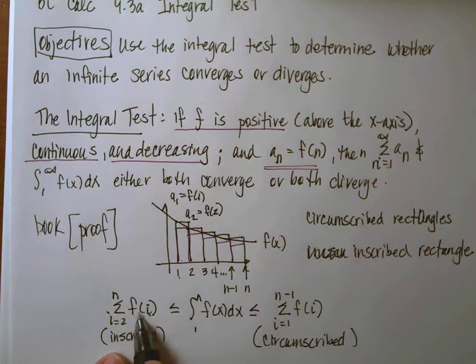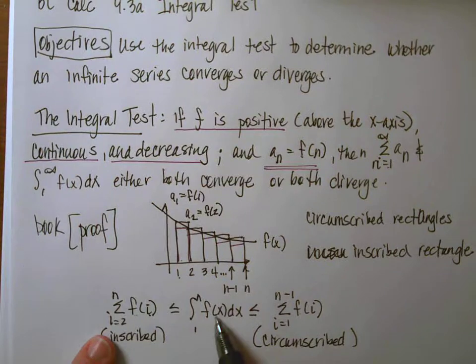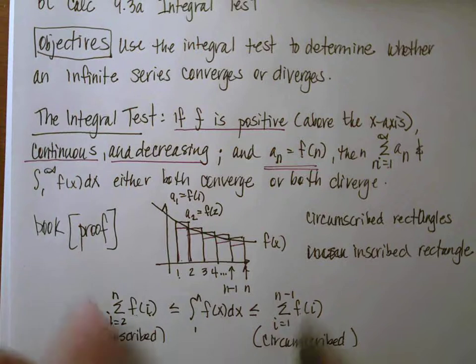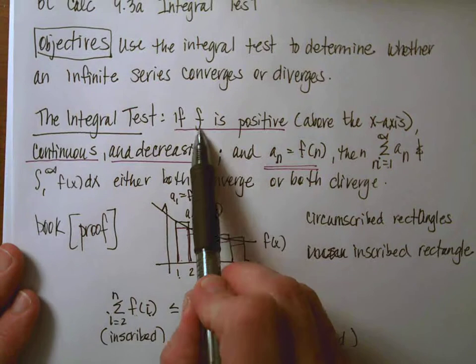The inscribed sum of the individual rectangles is slightly less than the actual sum, which is a little bit less than the circumscribed. So that says that the actual sum from 1 to n is going to be somewhere in between these two summations.